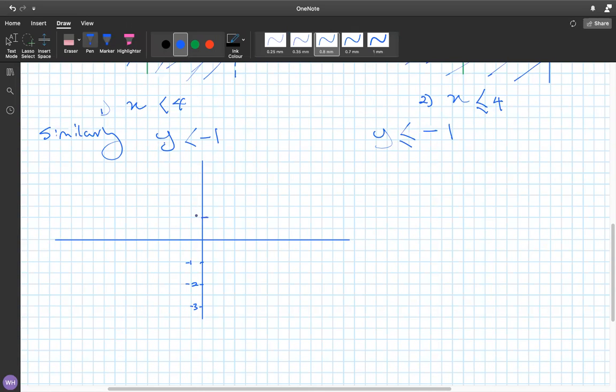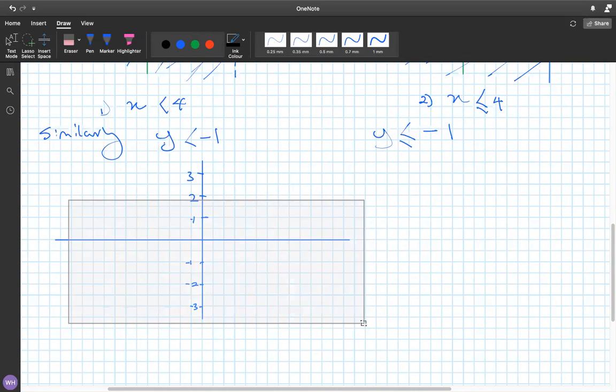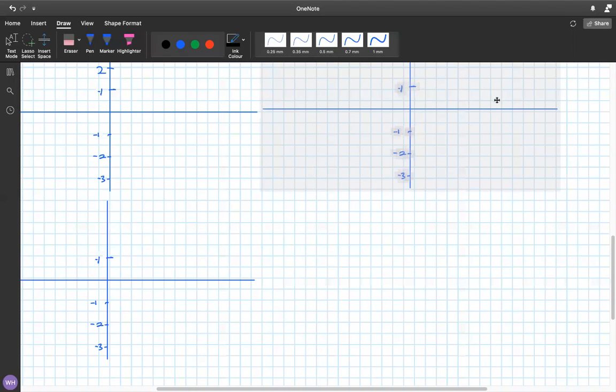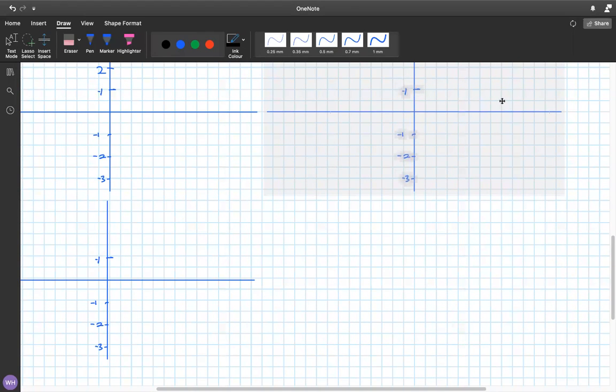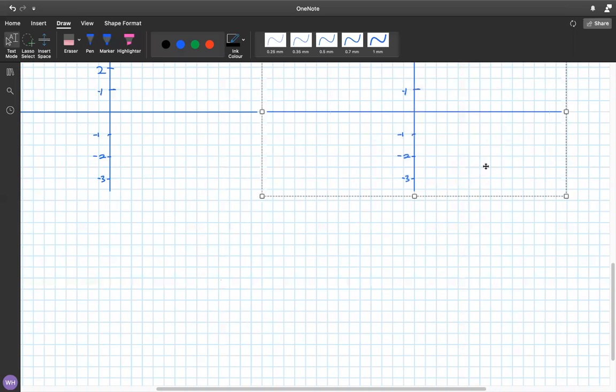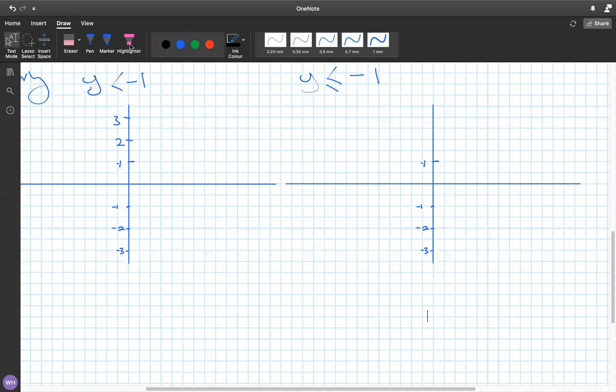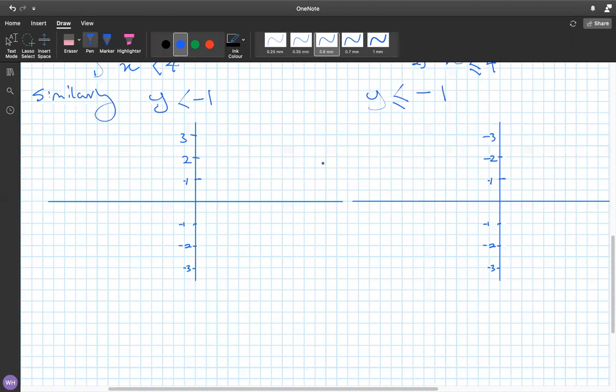So if you consider the y-axis like this, I'm not bothered about the x-axis. Let's copy this around. So if you consider that not equal, can you draw a solid line?